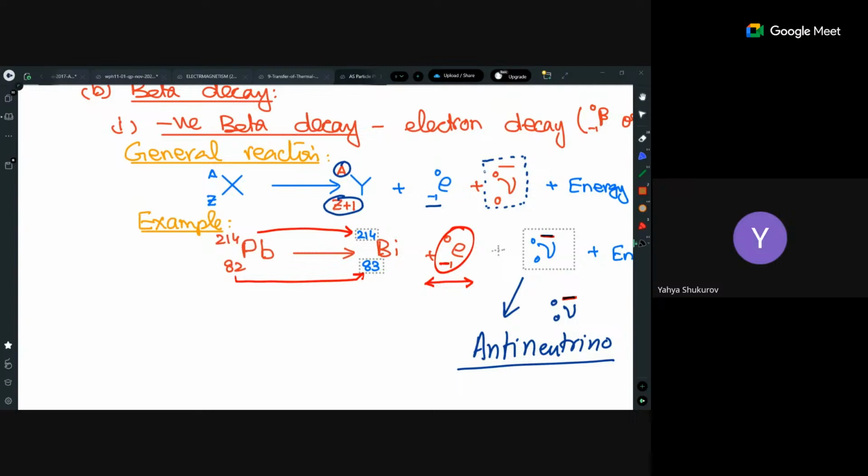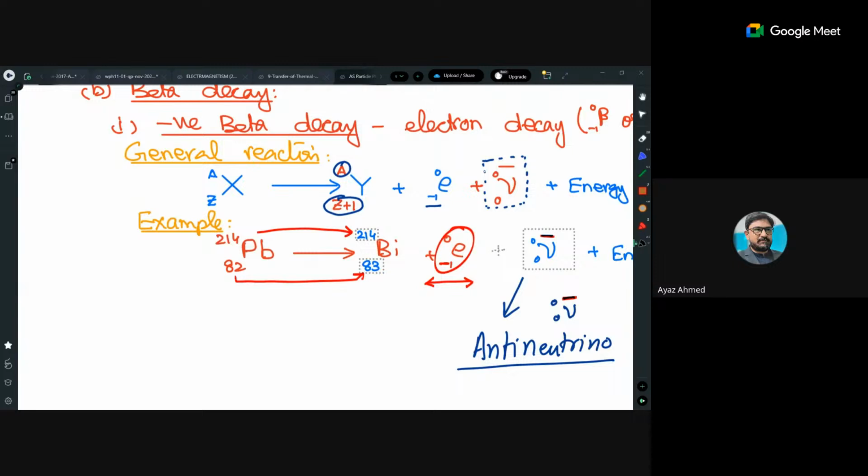Isn't it positron? No, positron is basically a positive beta decay. Positron is an antiparticle of electron, but during this, to balance the mass, charge and kinetic energy, a particle is emitted which is a very unstable particle.